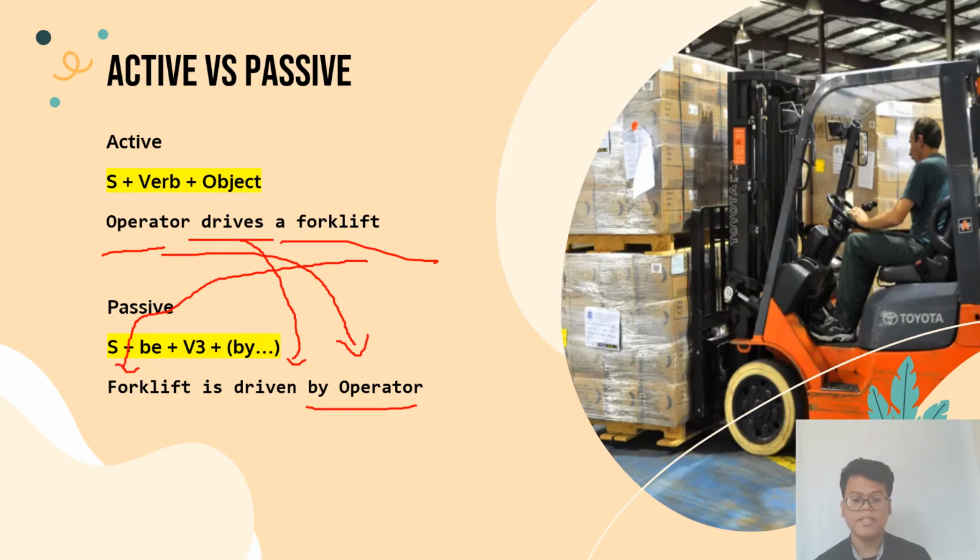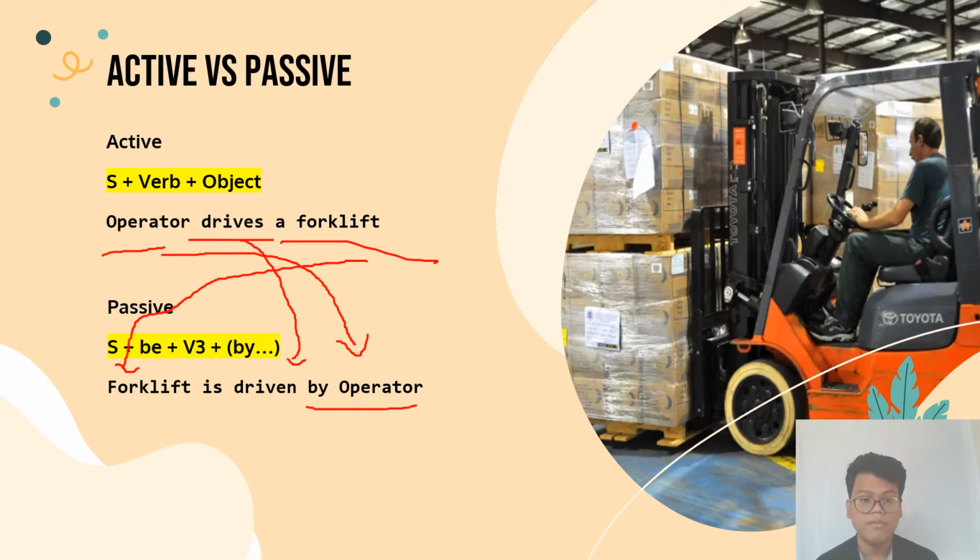For the passive sentence, we need be. Let's look at the tense first. Because we use present tense, we choose between is or are. Now we look again: is the subject in the present tense plural or singular? If the subject is more than one, we use are.